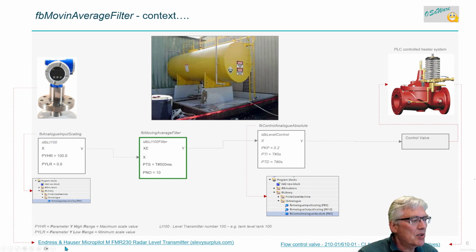And here we have these pictures from Endress+Hauser. They make level transmitters, and here's the flow control valve from a supplier of flow control valves too. So that was the context here for this moving average filter. Should be a G in here, and there are probably some typing errors elsewhere too.